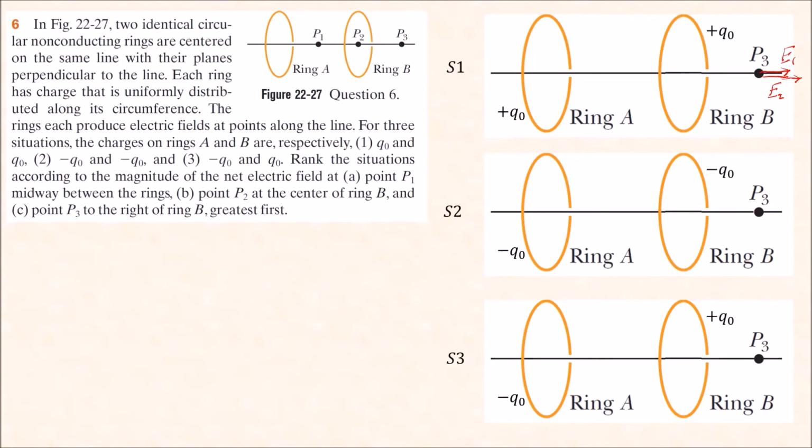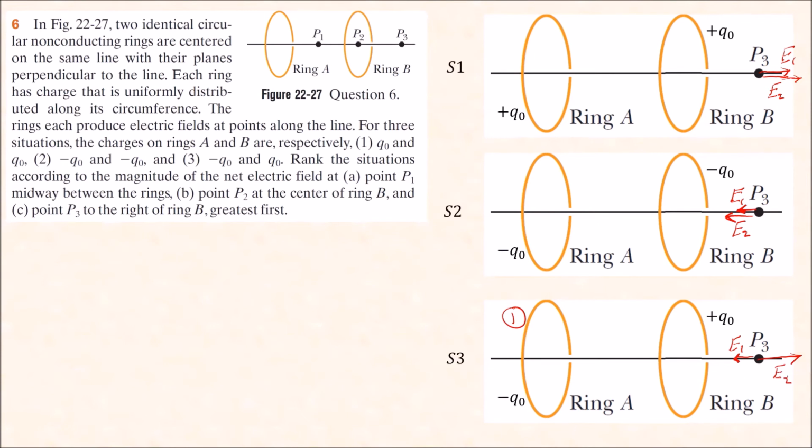So in situation 2, both of these flip around. So the E of ring 1 and the E of ring 2 are in the same direction, both to the left, so they add up. But in situation 3, E1 will be toward the center of this A or 1. This is E1, and E2 is opposite of that.